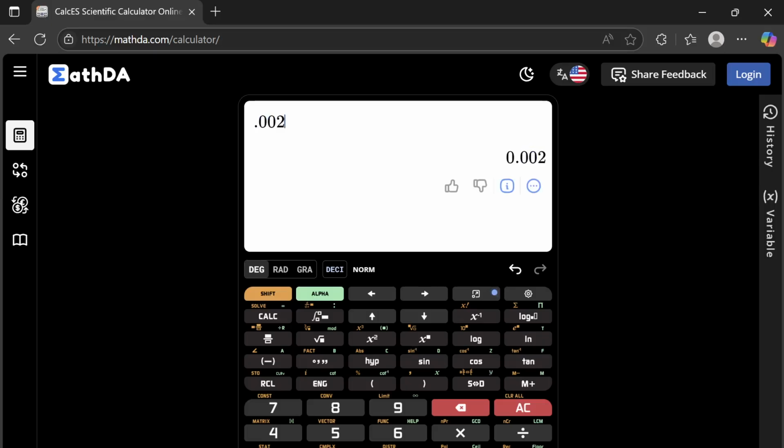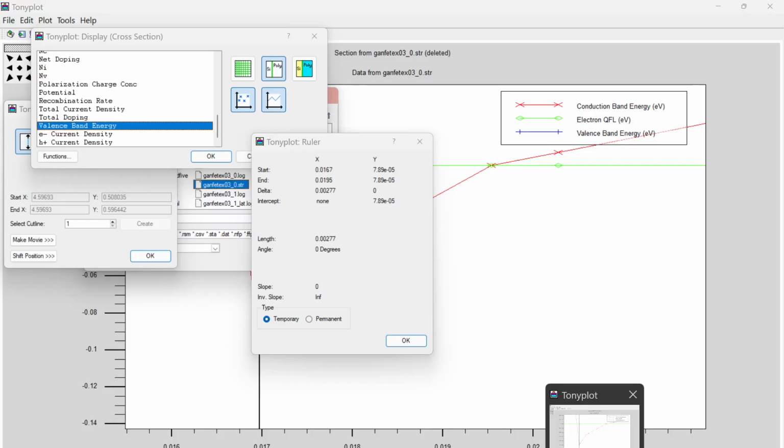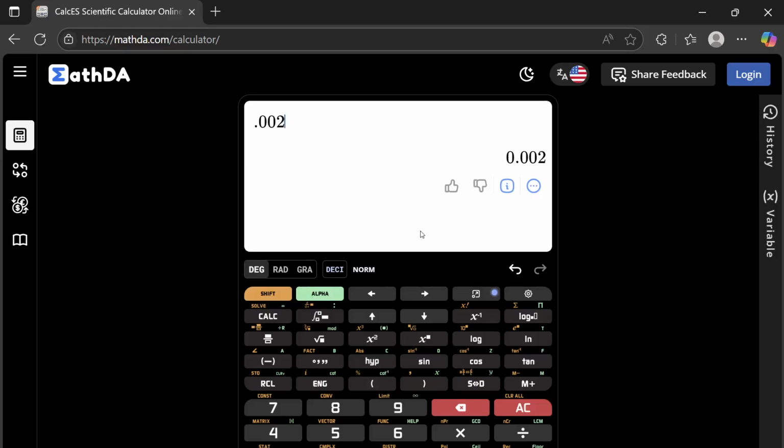It was 0.00277. Okay, and just convert it into centimeter. To convert a length from micrometer to centimeter, you'll need to multiply it by 10 to the power minus 4. Okay, we'll return here later.